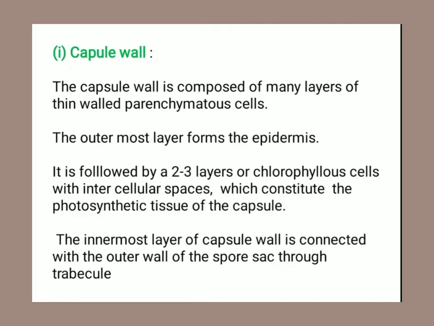The outer layer of the capsule is known as the capsule wall, and the innermost layer of the capsule wall is connected with the outer wall of the spore sac through the trabeculae.